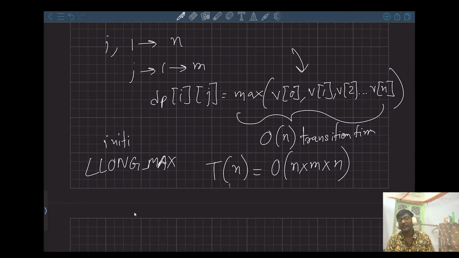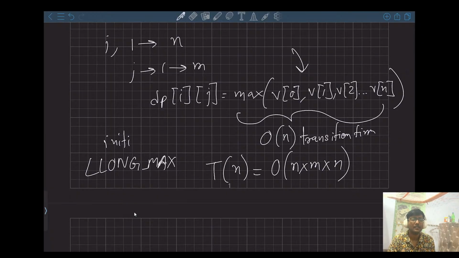Space complexity does not change, because dp of i, j, I should say auxiliary space, because we are not considering input and output. In space complexity, we always consider the extra space that you have used, not considering the inputs and outputs.